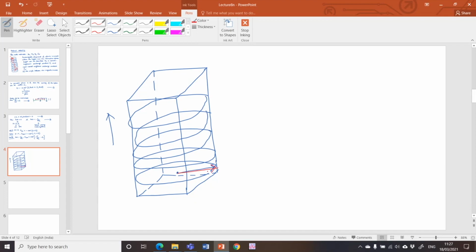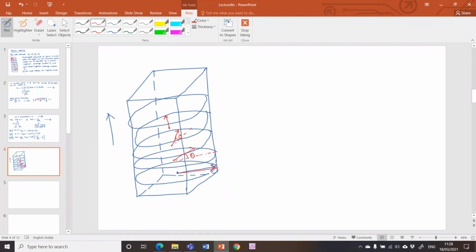In the next layer, it rotates by an angle, let's say theta, from this. From this to this, it rotates by another angle theta. From here to here, this is again theta. So basically, this rotation in successive planes is theta. Is this part clear?